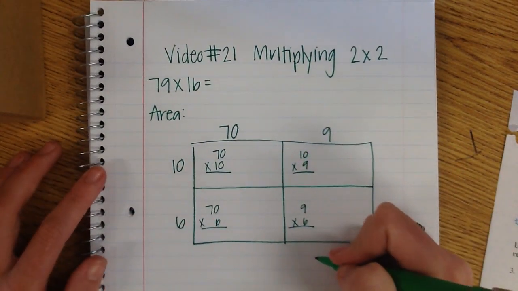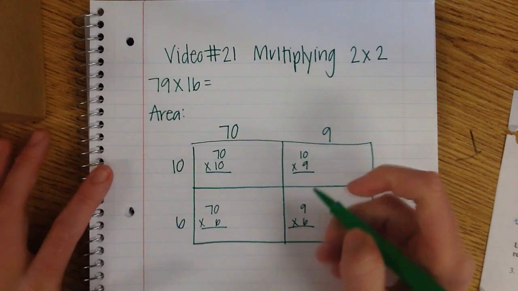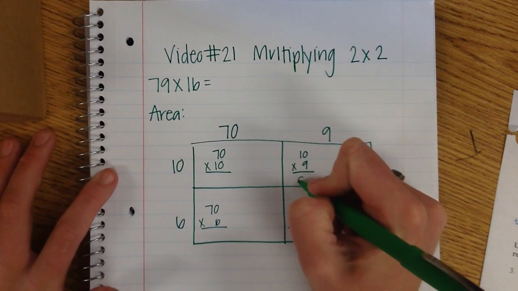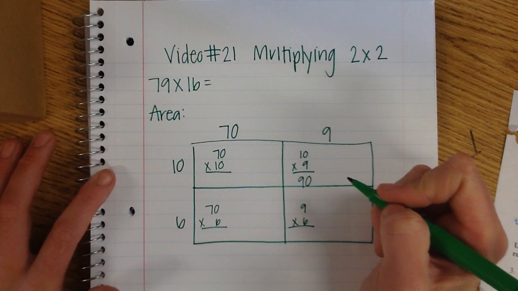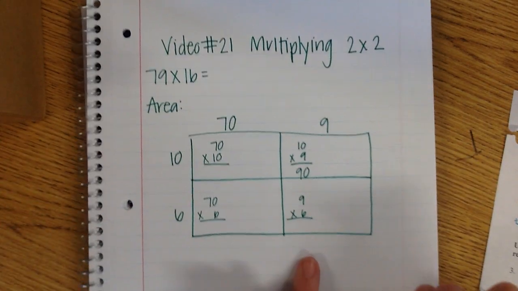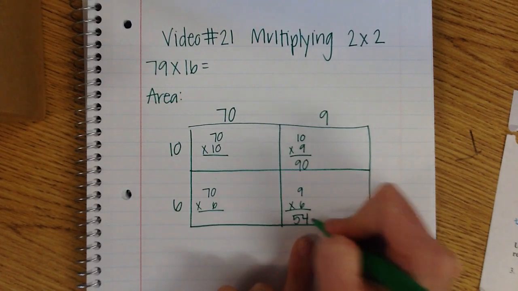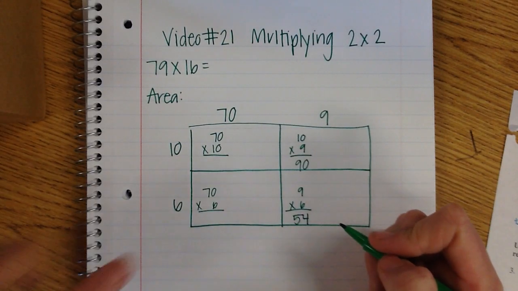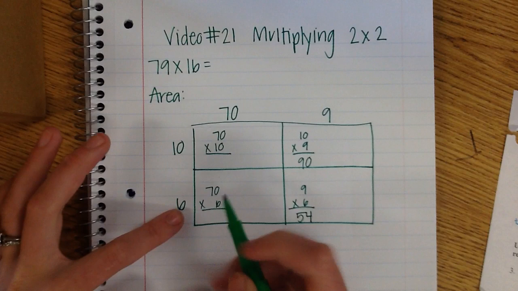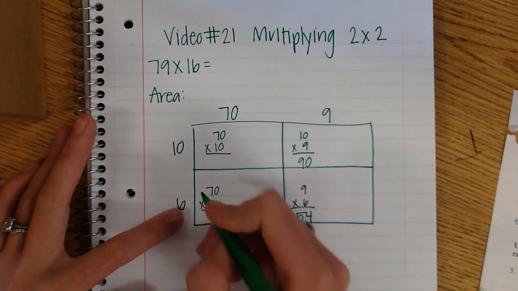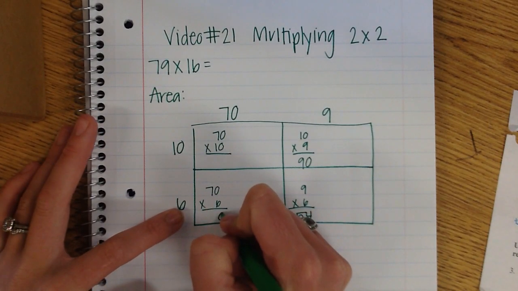So, first of all, I'm going to do the easy ones first. 10 times 9 equals 90. 9 times 6 equals 54. This is where it gets a little tricky. 6 times 0 equals 0.